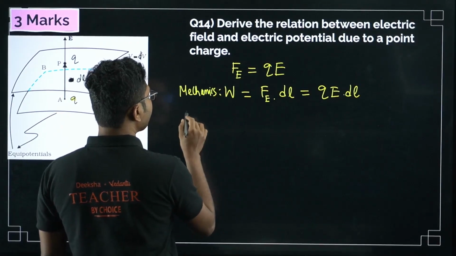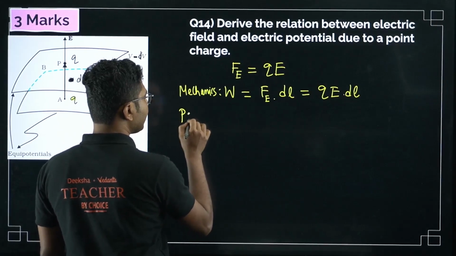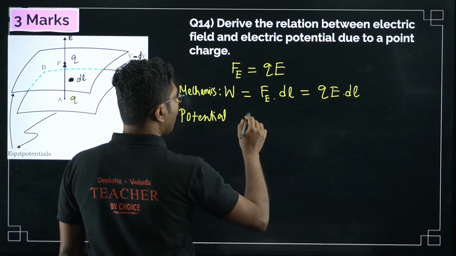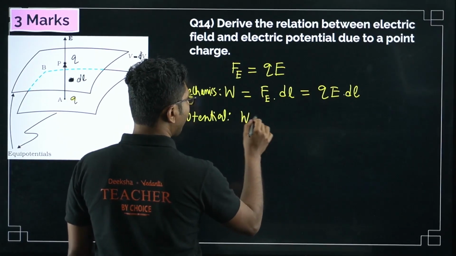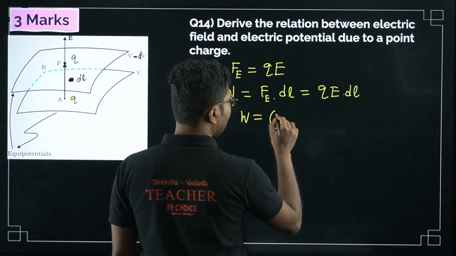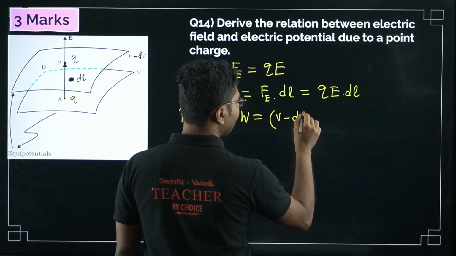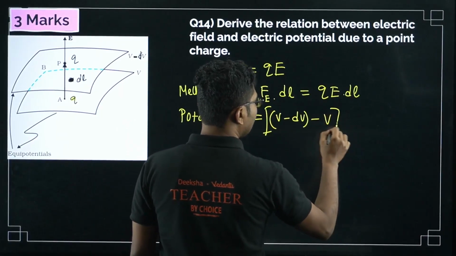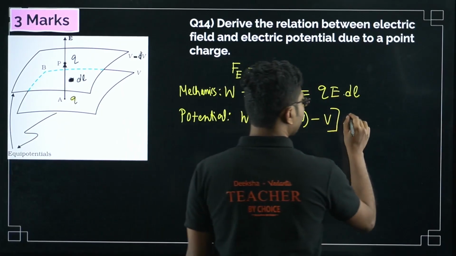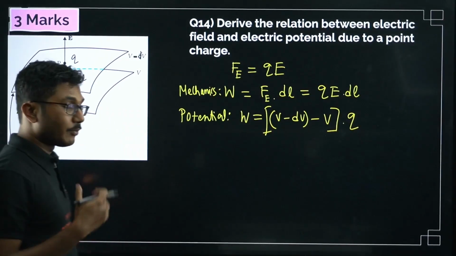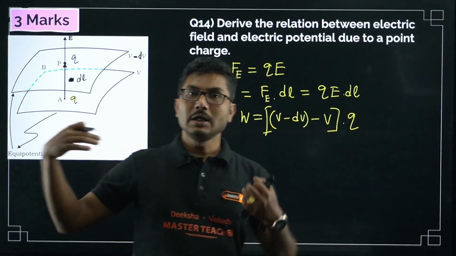Now from the definition of potential, work done is basically the potential difference, that is the final potential, V minus dV, minus V, into the charge. This is the potential definition, potential difference times the charge.